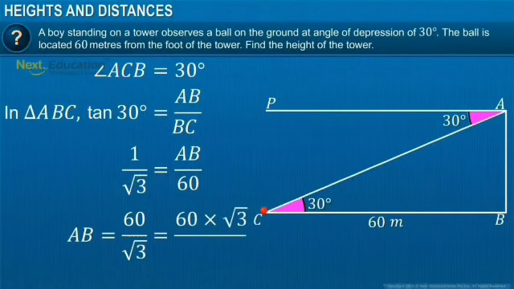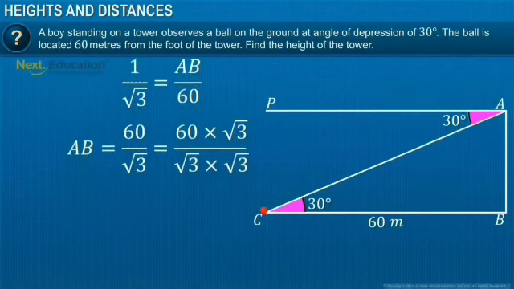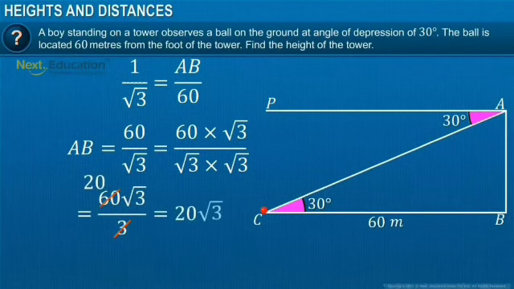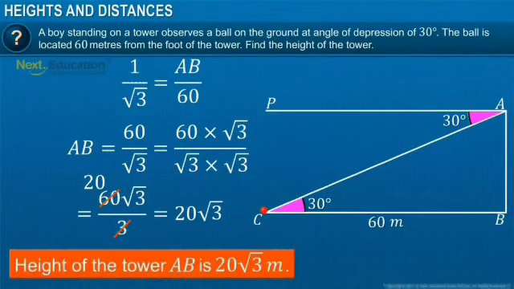Multiplying the numerator and the denominator by root 3, then we can deduce that AB equals 60 root 3 over 3 equals 20 root 3, which is the height of the tower.